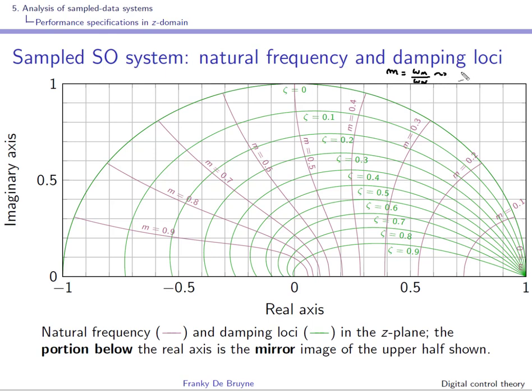So the natural frequency is m times the Nyquist frequency, so m times pi over ts. You can see that these lines here are at a right angle with the logarithmic spirals. This type of diagram can be used for pole placement in the Z domain.